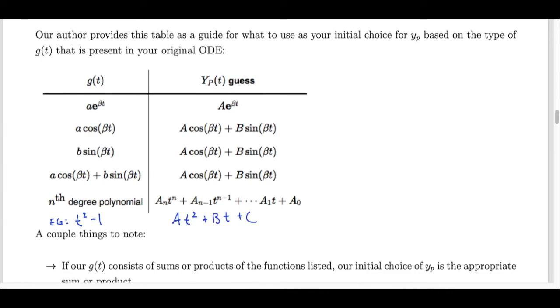So I just provide this table as a quick summary of general rules that you follow to choose your y sub p based on the g of t that appears in your differential equation. If we scroll down a little bit, I've got a couple notes about this whole process.